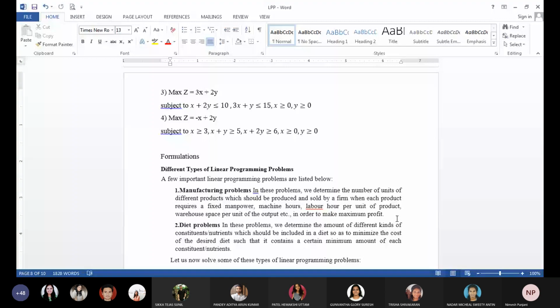So some of the few standard problems or the important problems are the ones which are listed here. One is the manufacturing problem.